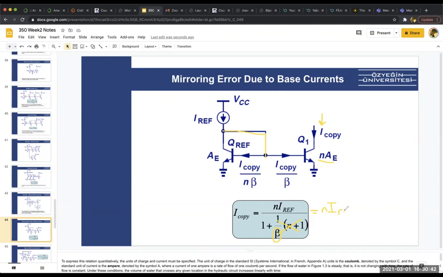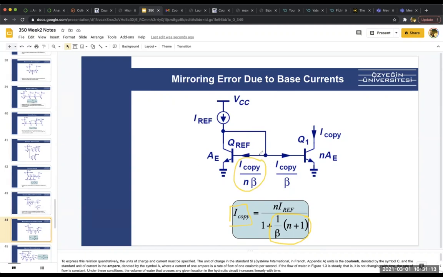But if your beta is not huge, but if it is something small, then now you have a non-ideal situation, right? So now this term will affect your I copy current, because the base current here is actually what matters.